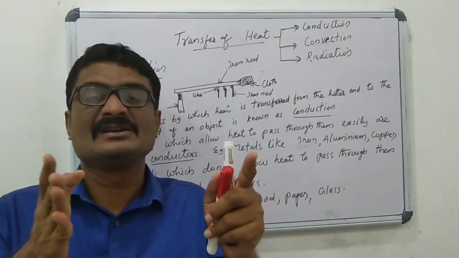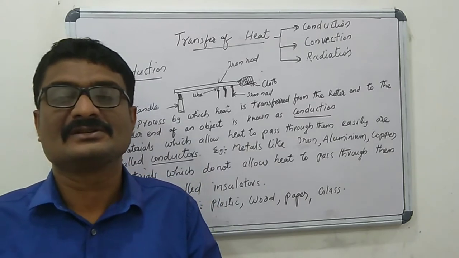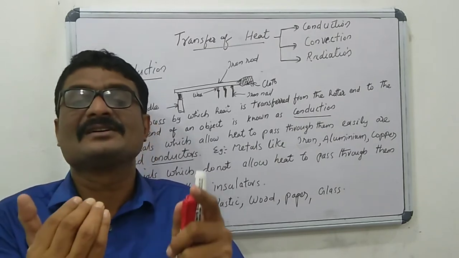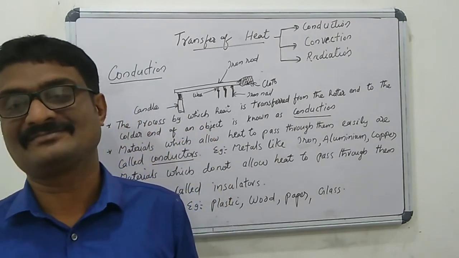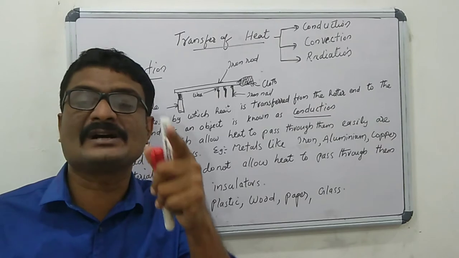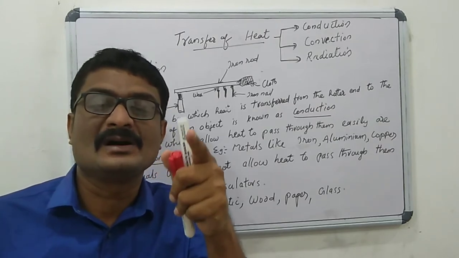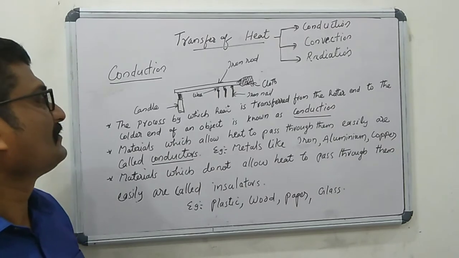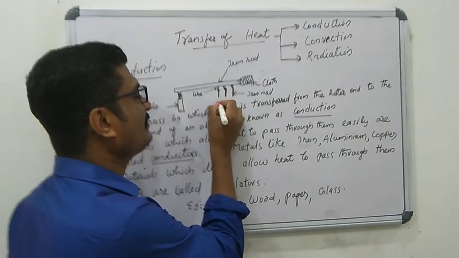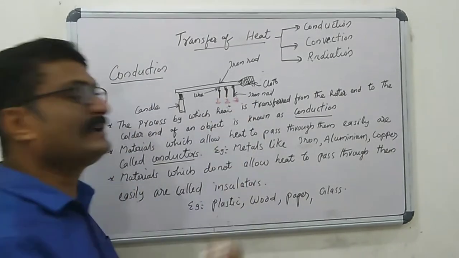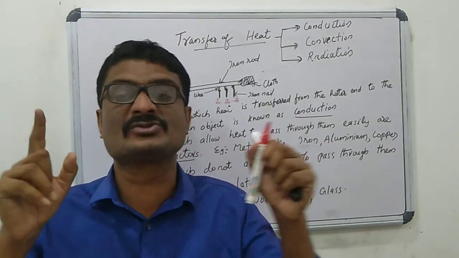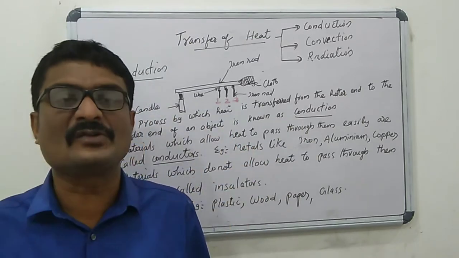Soon you will see that the nails start falling off one by one. The nail closest to the fire falls off first. Here the nail number 1, which is closest to the fire, falls off first.